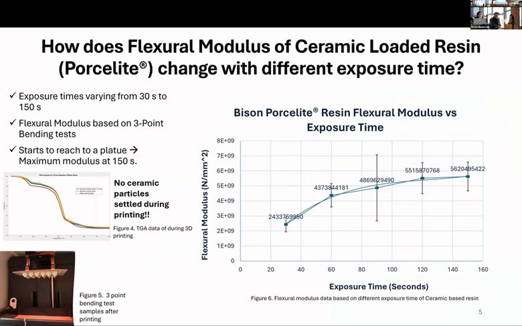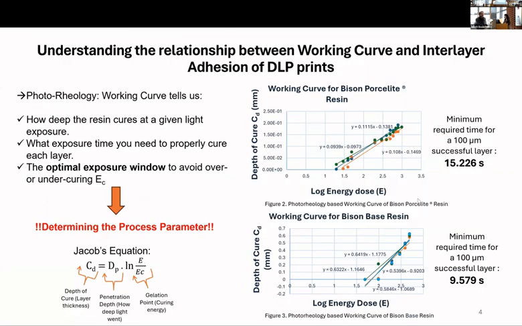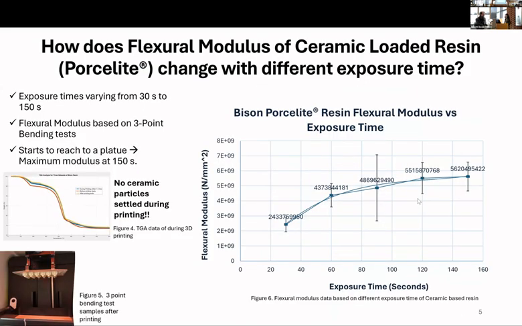So what's happening in the interlayer adhesion between maybe ceramic particles and the resin itself as well? What's going on so that we have this increase in flexural modulus? So our main goal is not really printing a perfect material, I don't know how to explain it, but to understand how those parameters are changing.